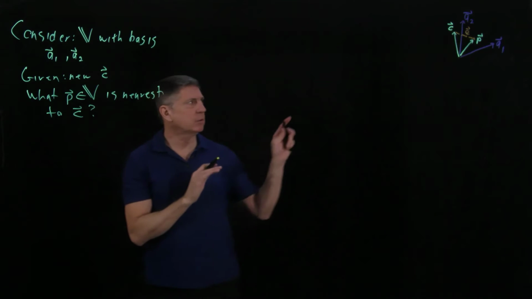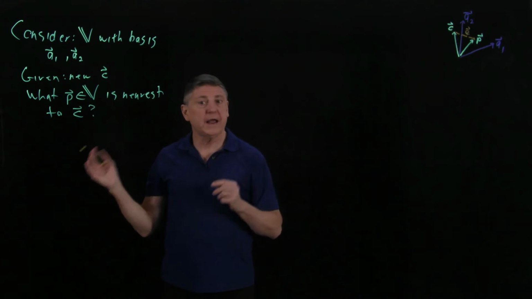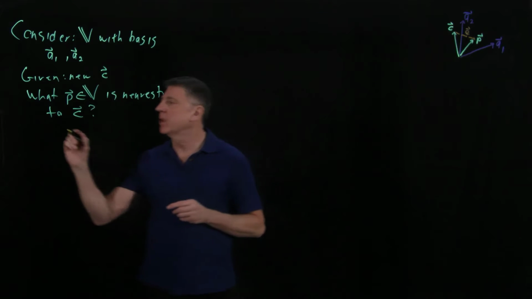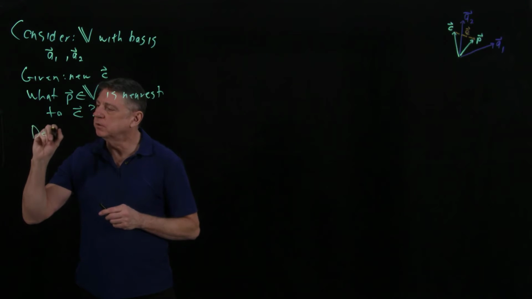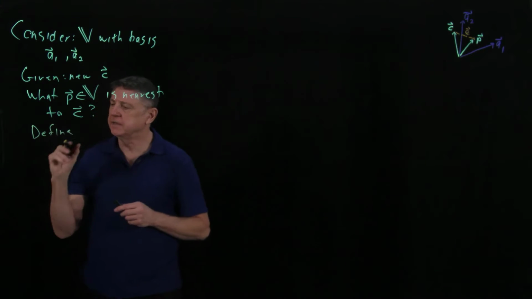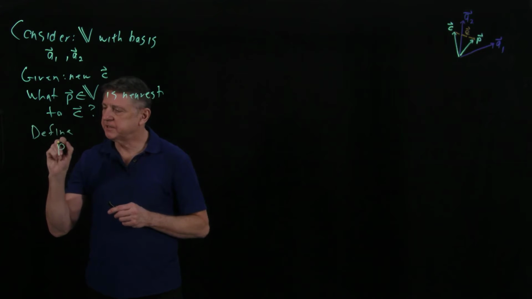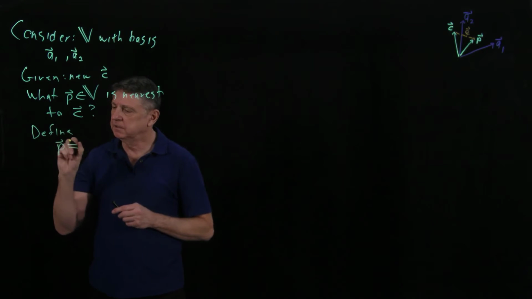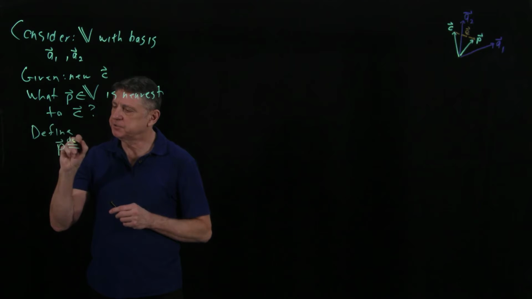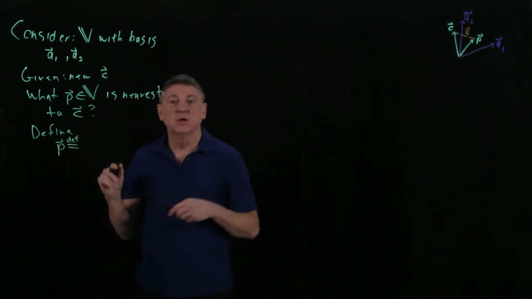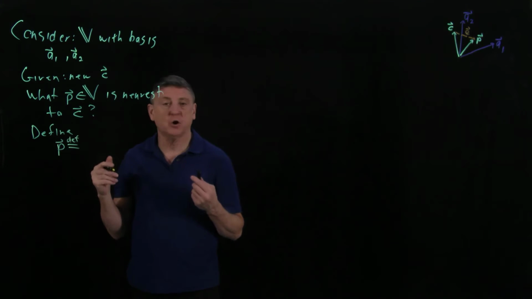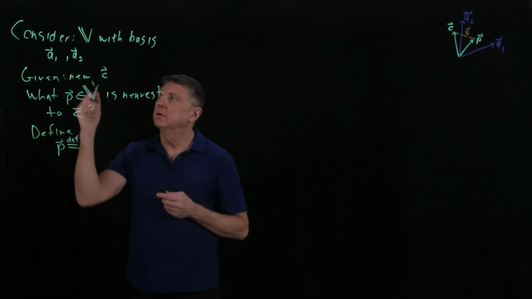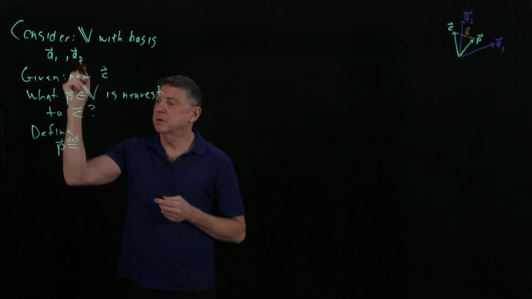So if that's our picture, what algebra corresponds to it? Well, now we'll define our projection, which is in the vector space V. That means it has to be a linear combination of basis 1 and basis 2.